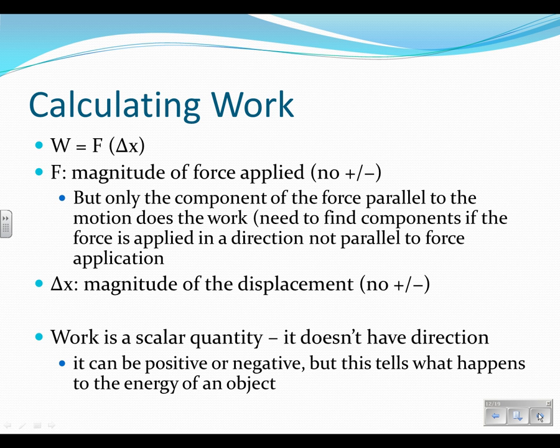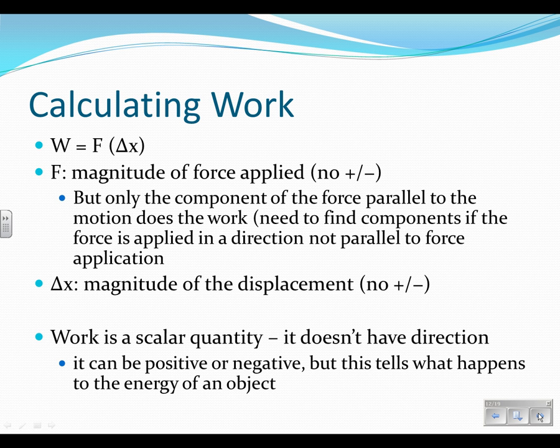So, work is a scalar. It doesn't have direction, but it can be positive or negative depending on what it does to the energy of that object. And if you go back to that rearranging of the kinematic equation, depending on what VF and VI are, you can get a negative number there.